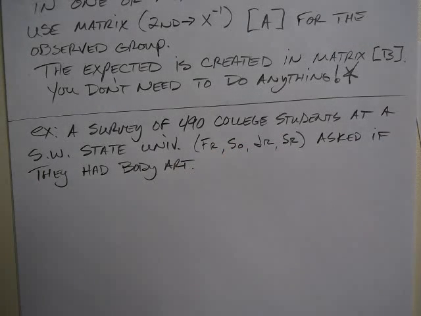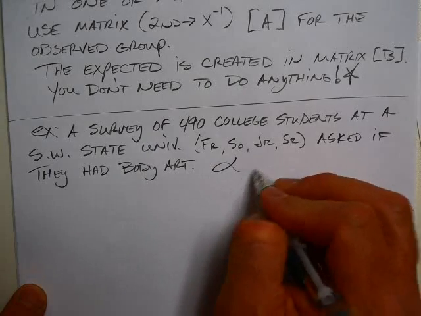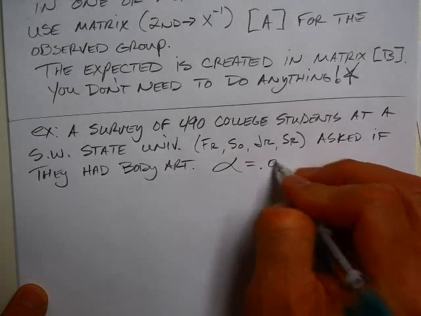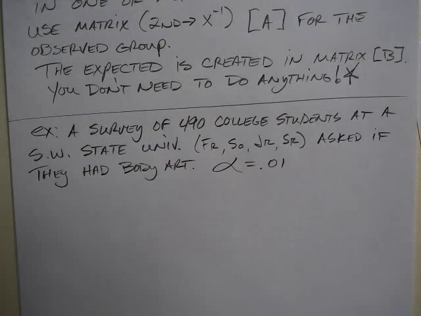That doesn't include Sharpies being marked on. Sharpie doesn't count. Something permanent. And given that alpha is 1%, we want to know if there's a significant difference between them.